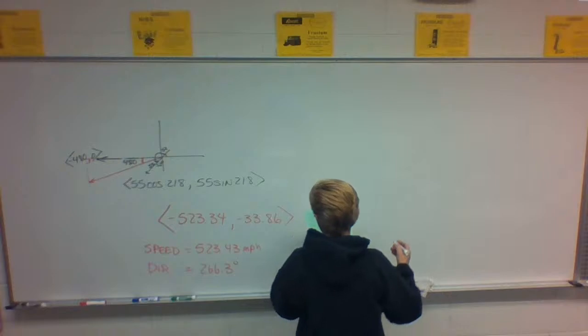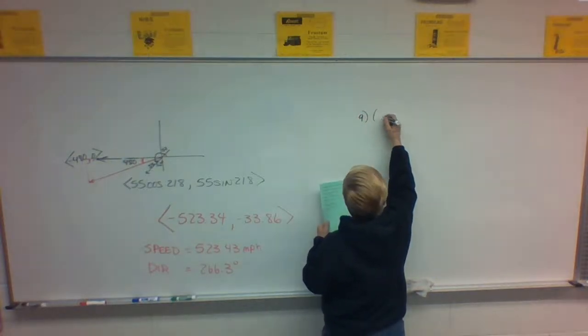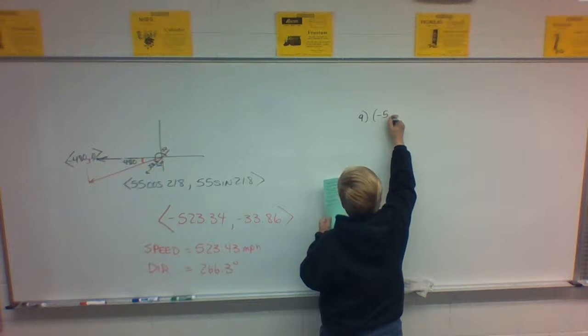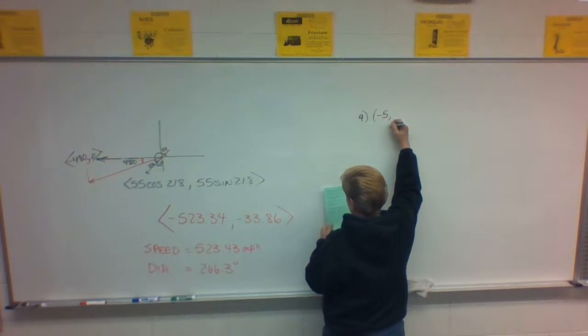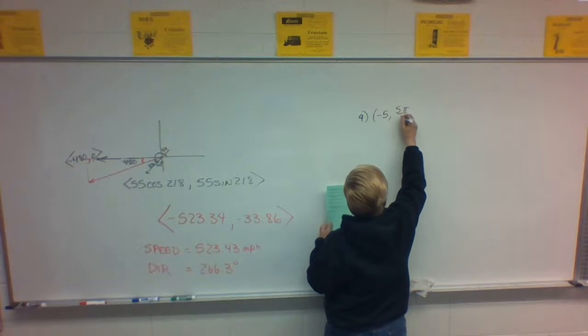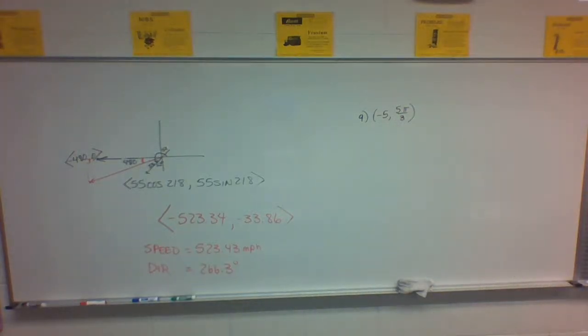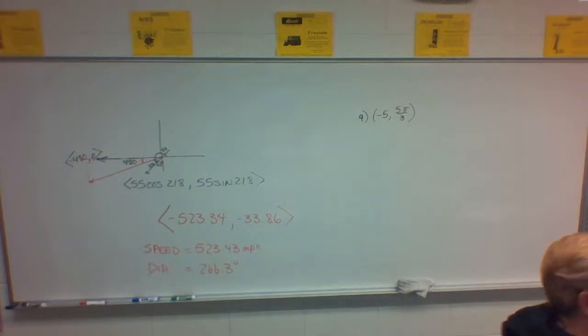Okay, so it gives you a point, and it's something like -5 and 5/3. They want the rectangular form. They want the XY coordinate at this point.